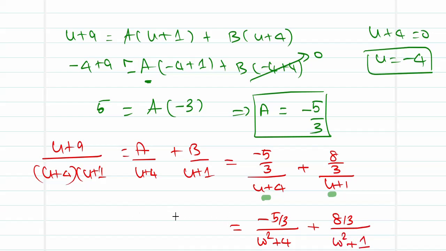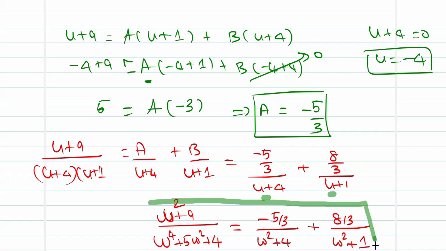So (omega square plus 9) divided by (omega power 4 plus 5 omega square plus 4) has now taken the format minus 5 by 3 over (omega square plus 4) plus 8 by 3 over (omega square plus 1).